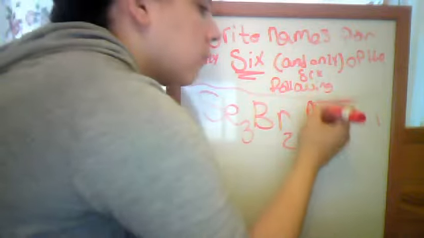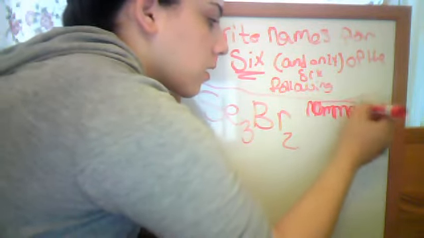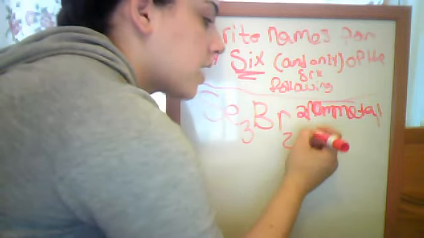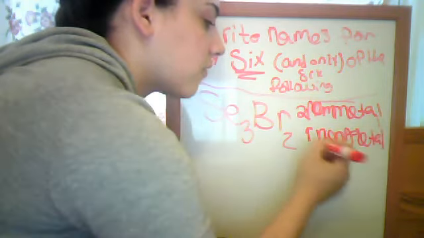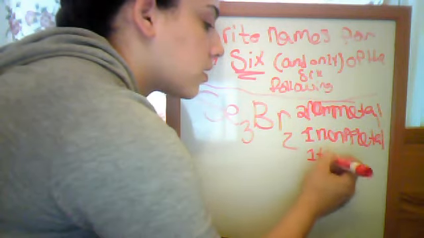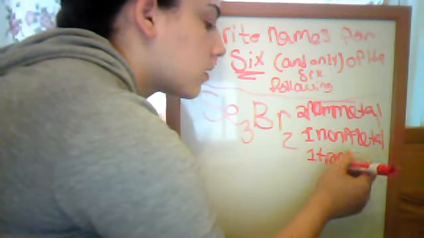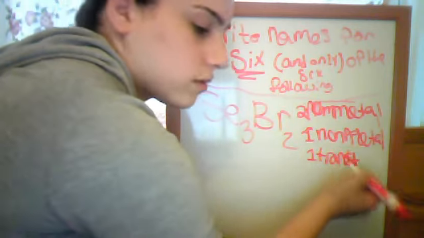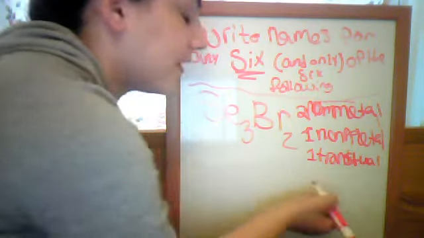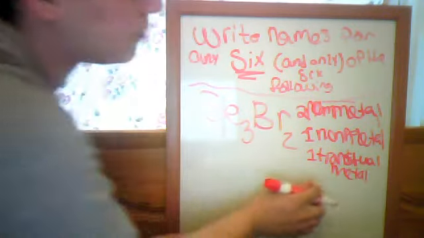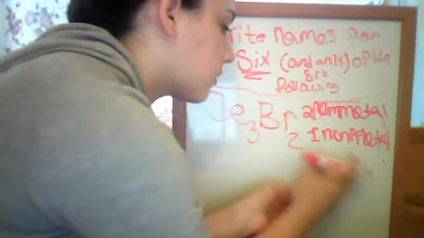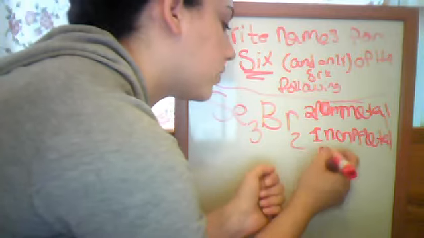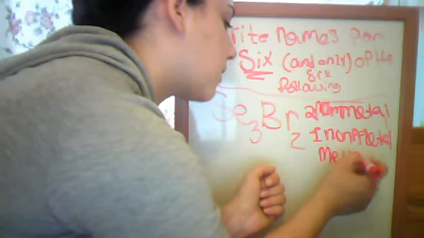So it's always non-metal with non-metal, two non-metals together. Sorry, I'm getting some confusion. Metal with a metalloid.